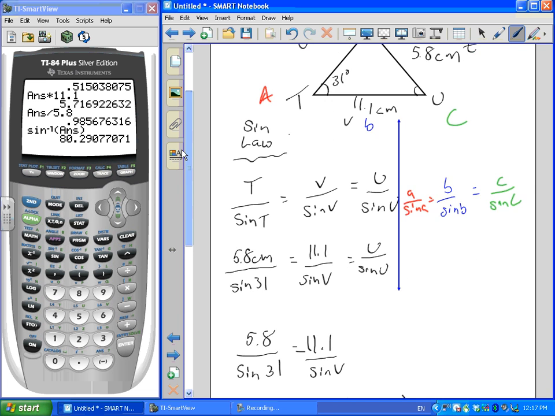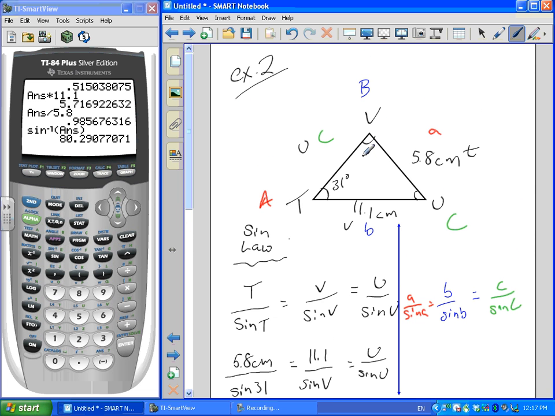So we go way back up here. Our angle V is apparently 80 degrees. That looks like 800. Sorry. Let's change that. 80 degrees, okay?